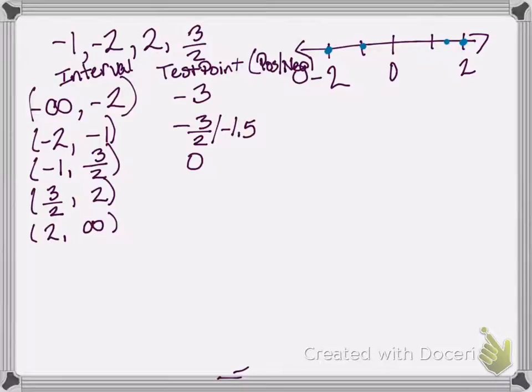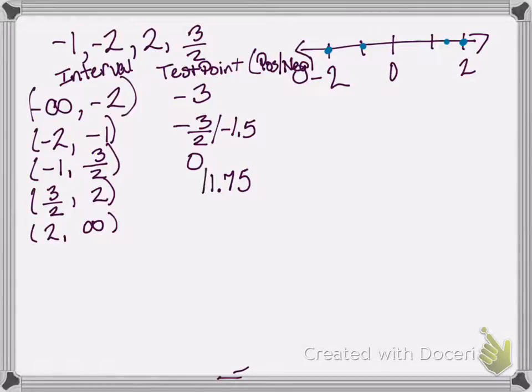Our next interval is 3 over 2 to 2. That's a very small interval, so we're really going to have to use something in between 1.5 and 2. So I'm going to put down positive 1.75.